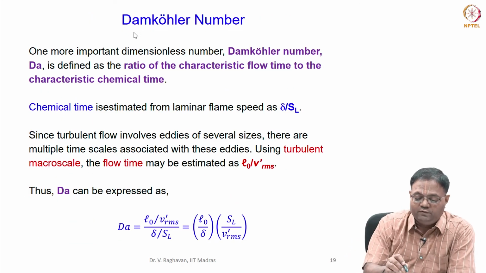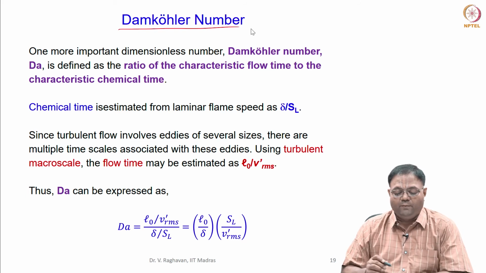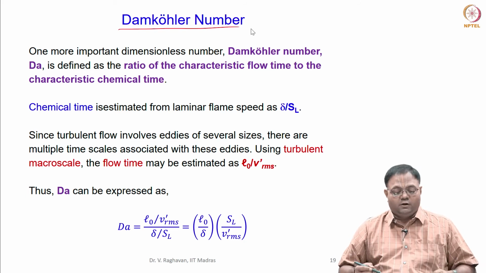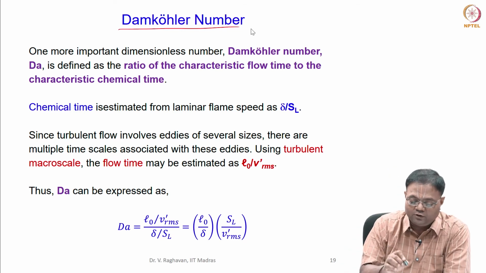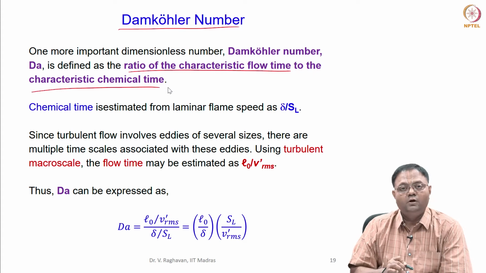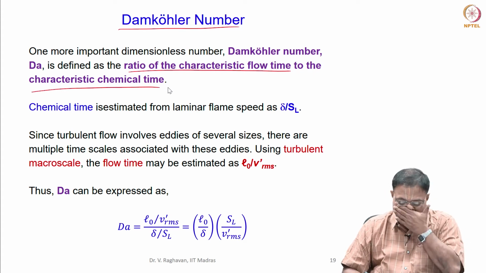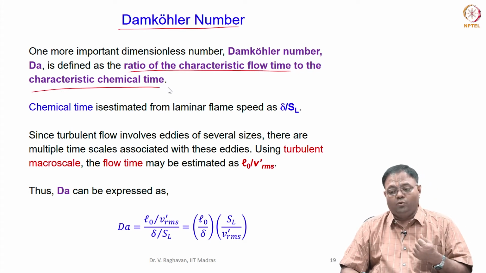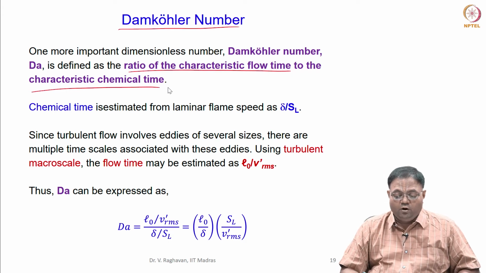Before that, we will also introduce the Damkohler number, which we know is a very important non-dimensional number for us. We know that it's the ratio of the characteristic flow time to the characteristic chemical time. So that we know already. Now chemical time in this scenario can be defined as what?